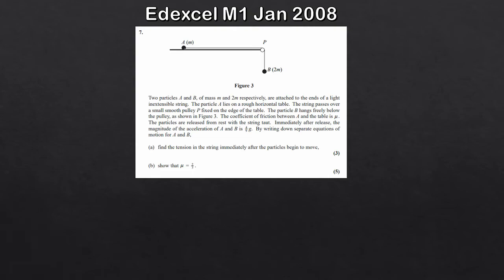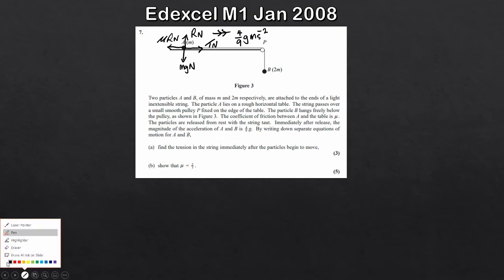We did have them all down: mg newtons, the reaction force, a tension, the effects of friction, and motion in this direction. We shouldn't need particle B for this, so we should be okay.